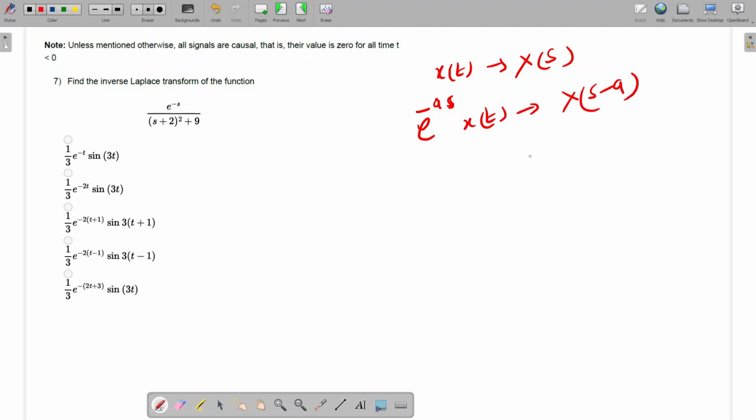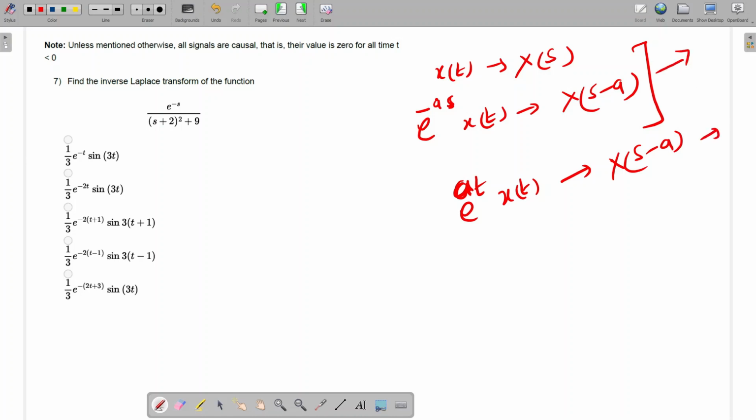This rule we have to apply here. Another rule is e to the power minus as into X(s). So these two rules we have to apply.